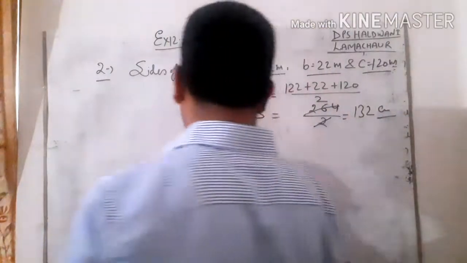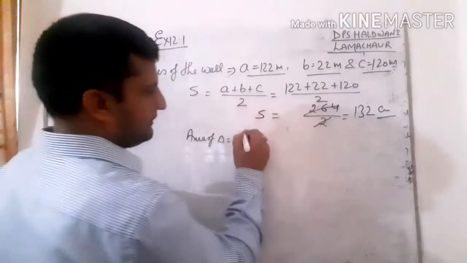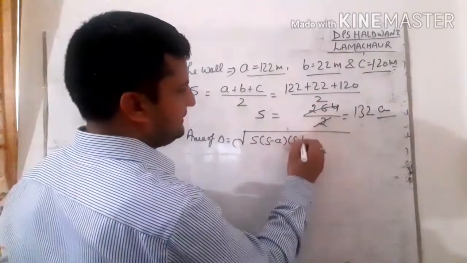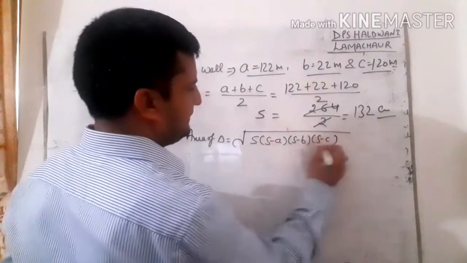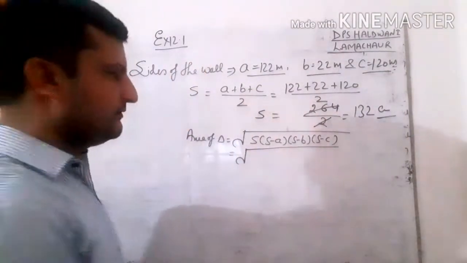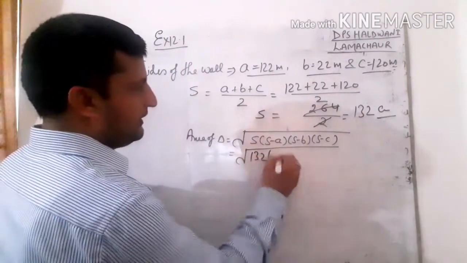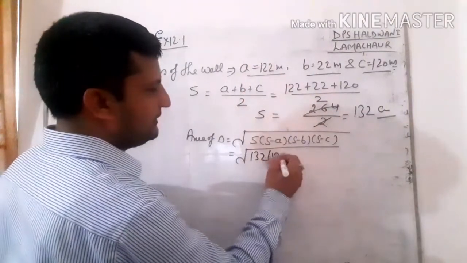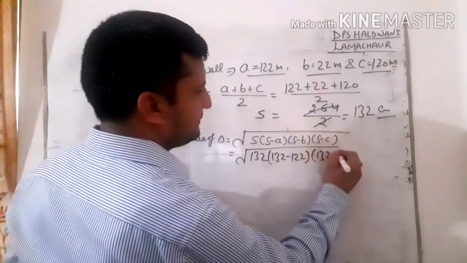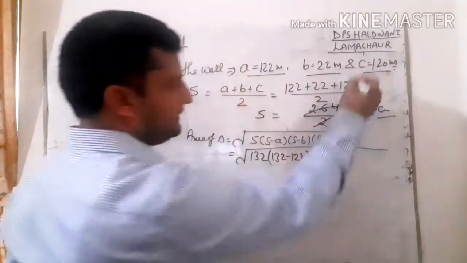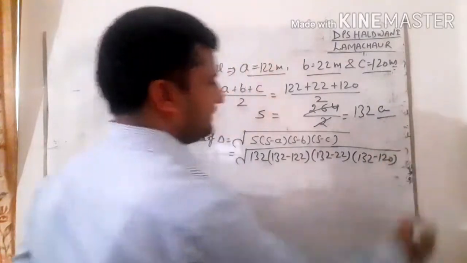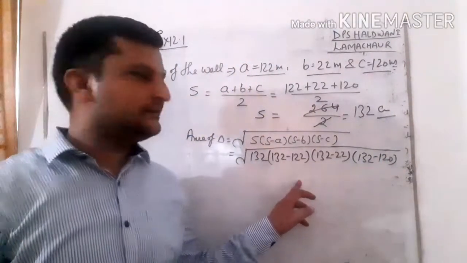So area of triangle is equal to root S, S minus A, S minus B, S minus C. So students, now the value of S is 132, and A is 122, minus 22, and the third side is 132 minus 120. So these are the values we have put here, students.